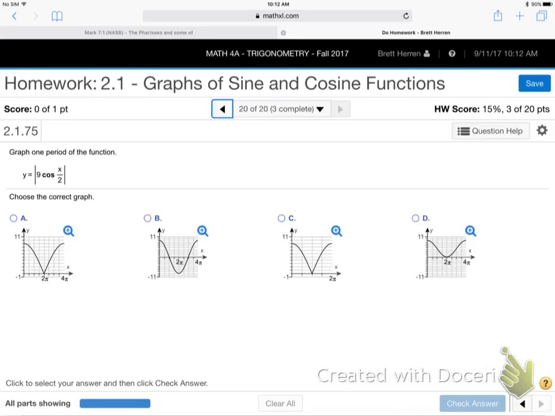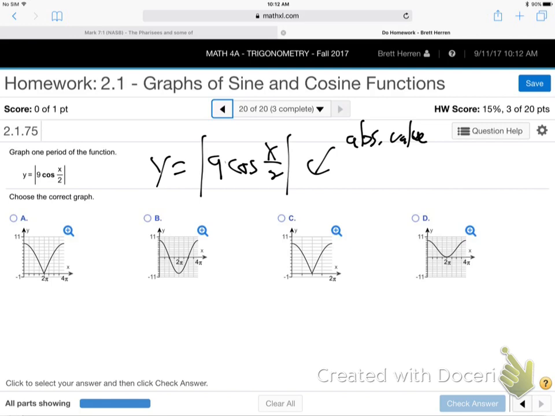All right, so let me just do it real quick. So yeah, absolute value just makes everything positive. So absolute value makes positive y values only.